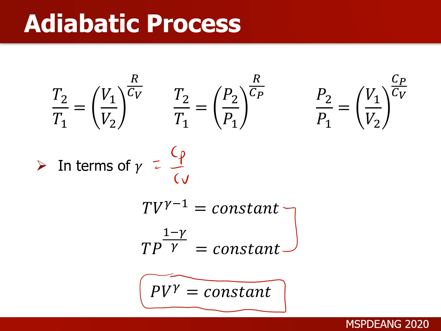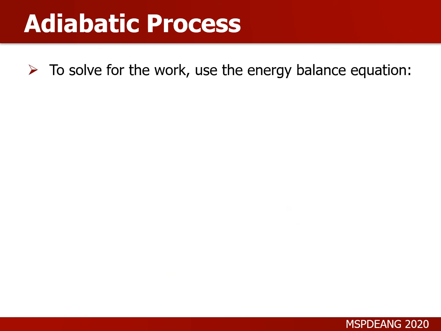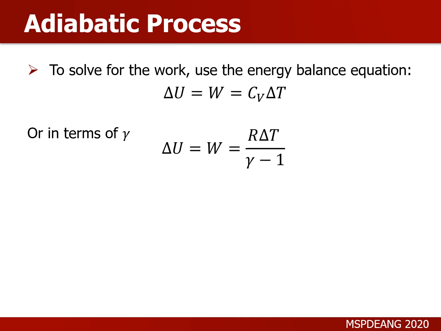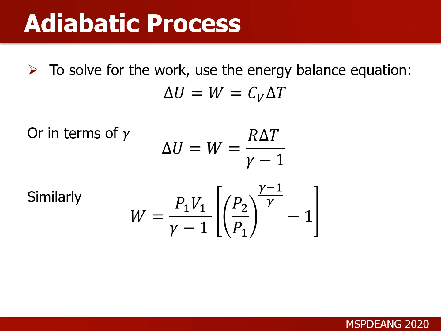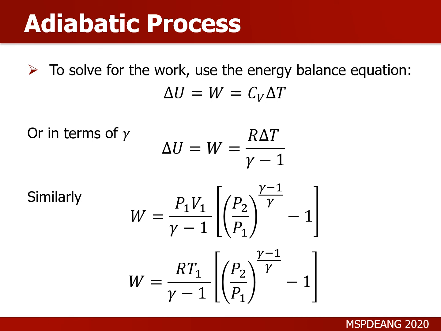Okay. So now, how do we use this? To solve for work, simply use the energy balance equation. So delta U is equal to W, which is equal to Cv dT. Or in terms of gamma, you can make the necessary derivations: delta U is equal to W, which is equal to R delta T over gamma minus 1. Similarly, you can also get W in terms of P and V only, or in terms of T and P only.